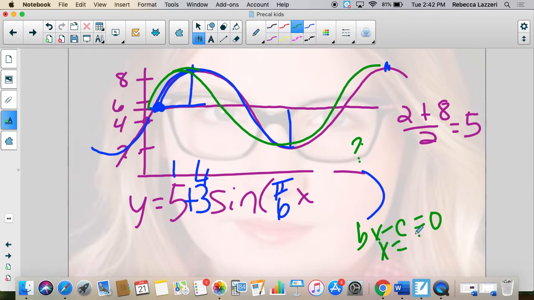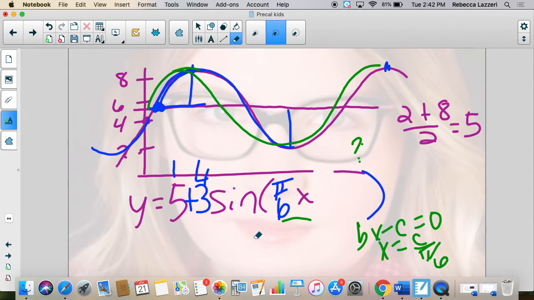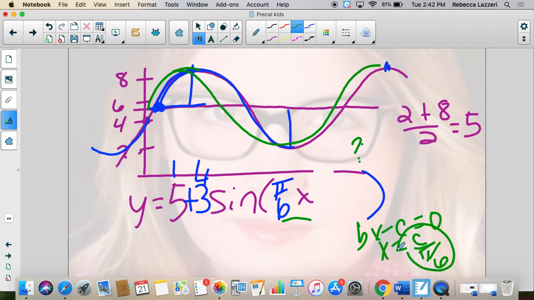My phase shift is c over b. We already found b, it's pi over 6. If I multiply by the reciprocal, that gives me 6c over pi. I want to force that to be 1. If you solve for c, that gives you pi over 6.